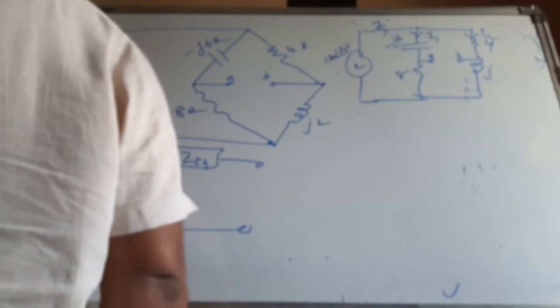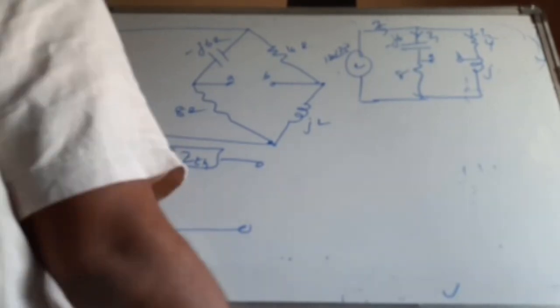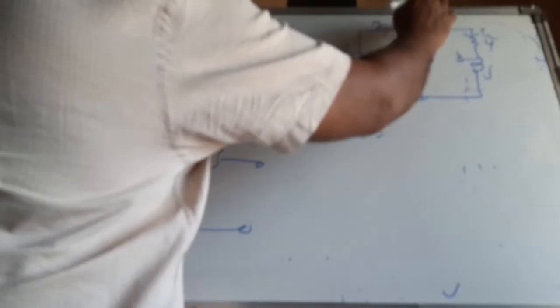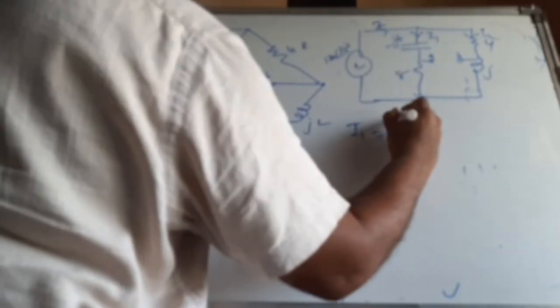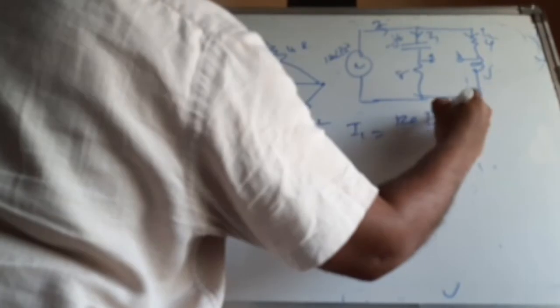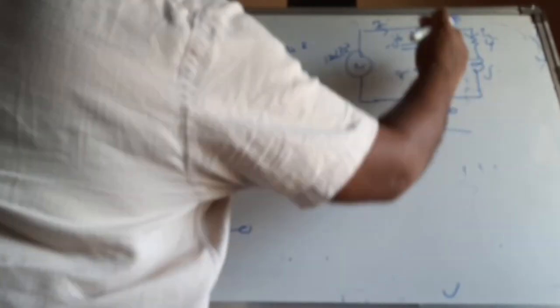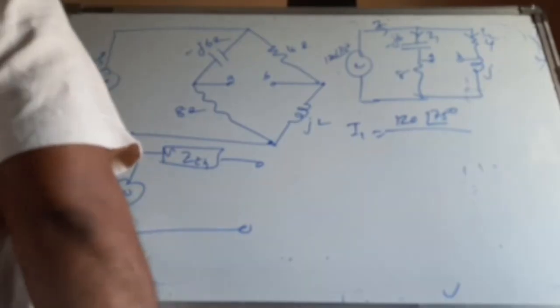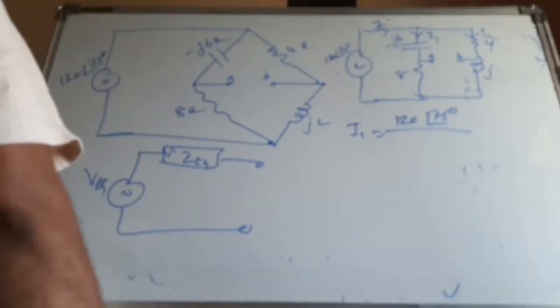So how do you find it? I1 is equal to the potential across the two, 120 angle 75 degrees plus 120 angle, which are in parallel, divided by the impedance.